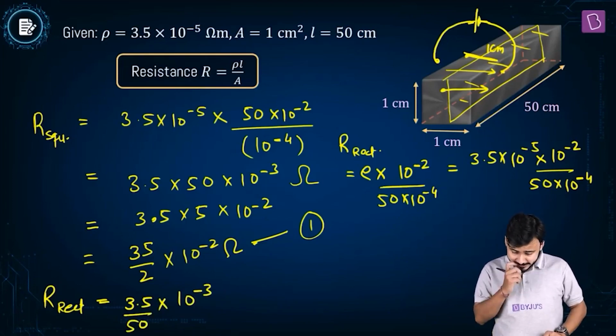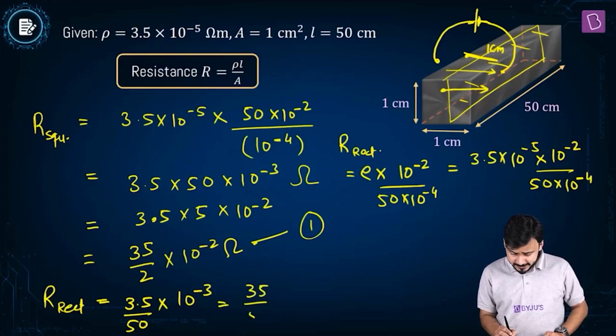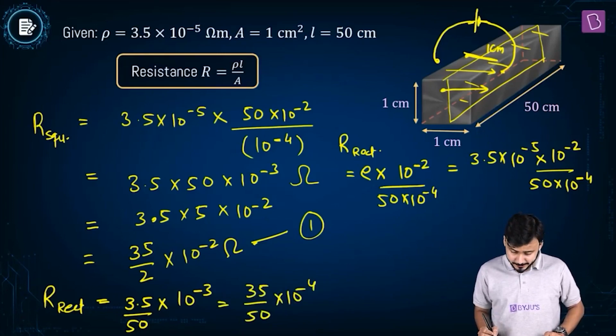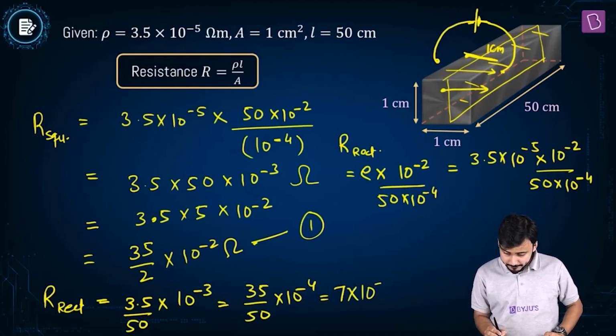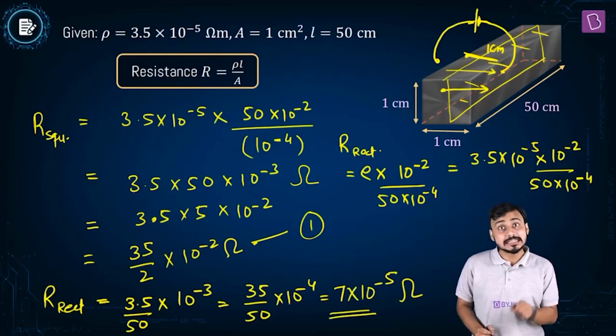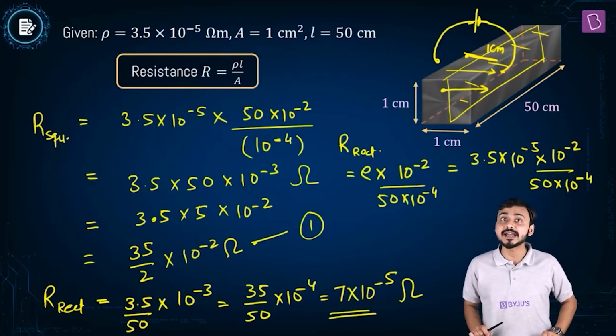This becomes equal to 35 by 50 into 10 raised to power minus 4. This becomes 7 into 10 raised to power minus 5 ohms.